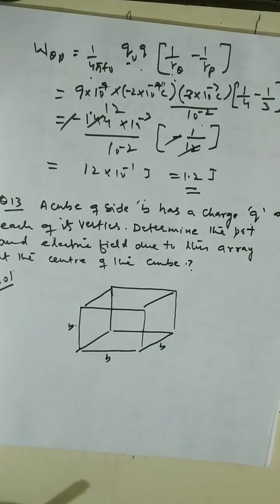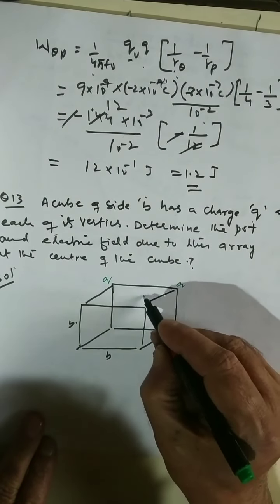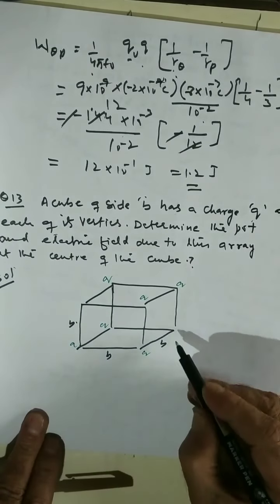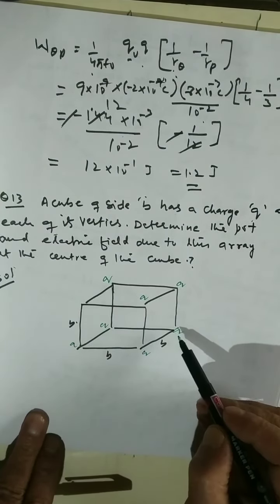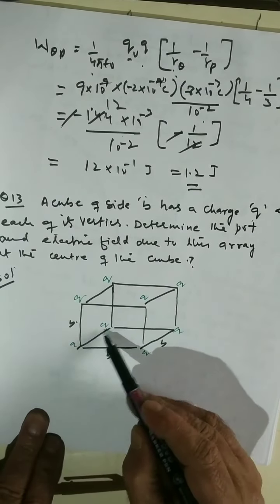Now at each vertex there is a charge Q here, Q here, Q here. So total charges are 8 vertices, so we have 8 charges. 1, 2, 3, 4, 5, 6, 7 and 8.